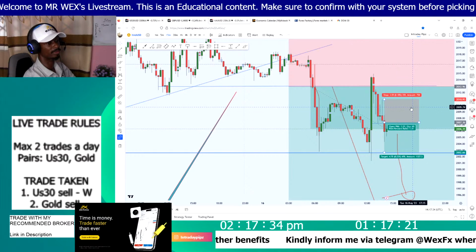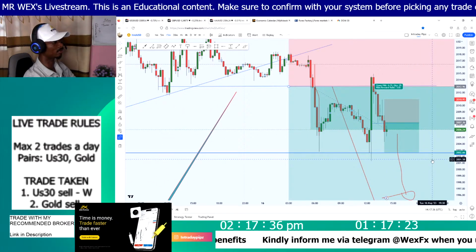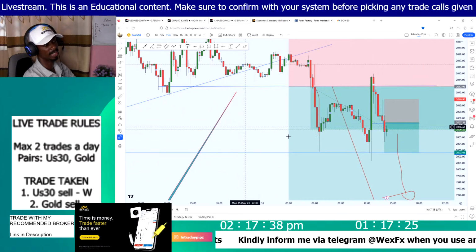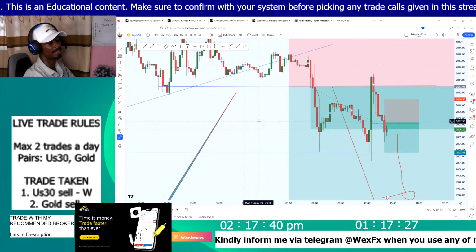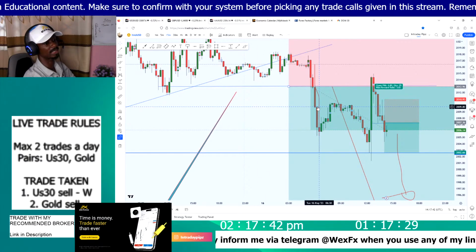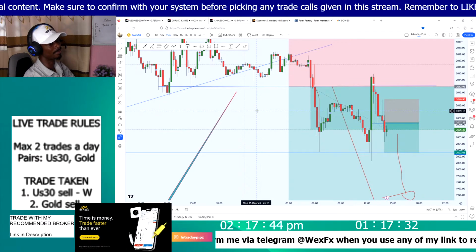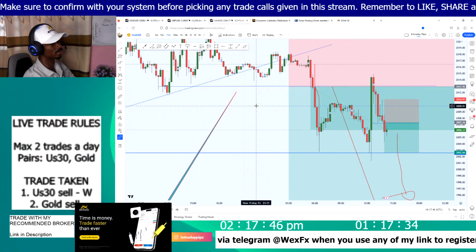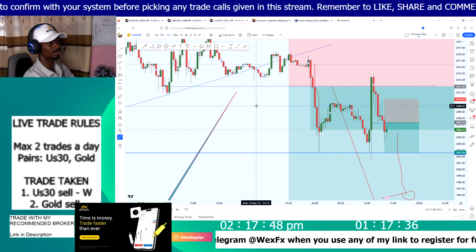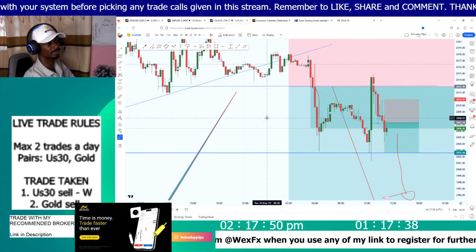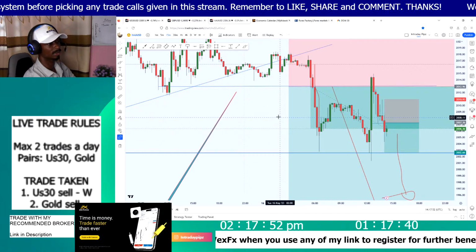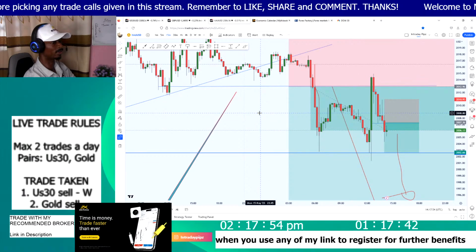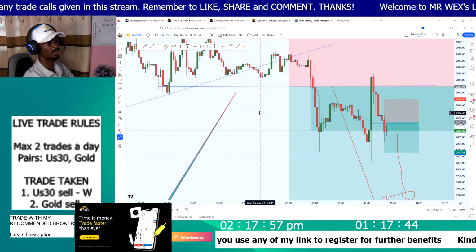I'm just keeping to my stop loss and watching to see how this bad boy plays out. Remember, I'm doing that because I am only risking a part of what I made today. So if you have not made anything today, trust me, you don't want to do that. Always learn to secure profit.